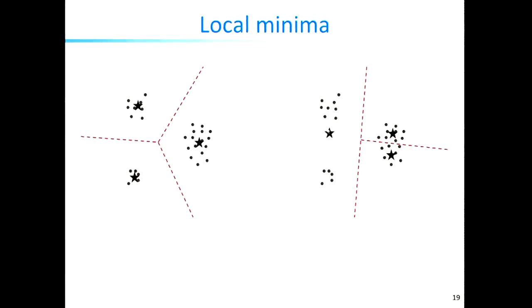This point is the mean of all those points here, so it wouldn't change. That's the mean of those points, so it wouldn't change, and that's the mean of those points, so it wouldn't change. So with these cluster centers it wouldn't do any updates anymore, so it would terminate. That's an example of a local optimum.